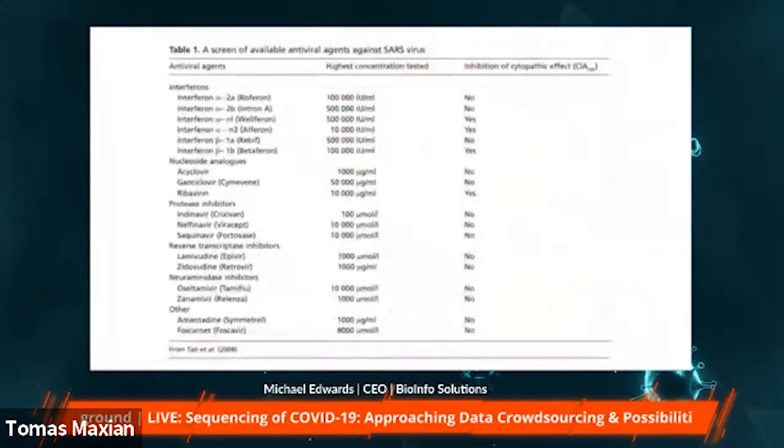A list of antiviral agents proposed for use against the SARS virus shortly after the 2002-2003 pandemic is given in this table. You'll notice that most of the proposed compounds act directly against the infecting virus, although this can be tough given the virus's ability to mutate and evade pharmacological intervention.